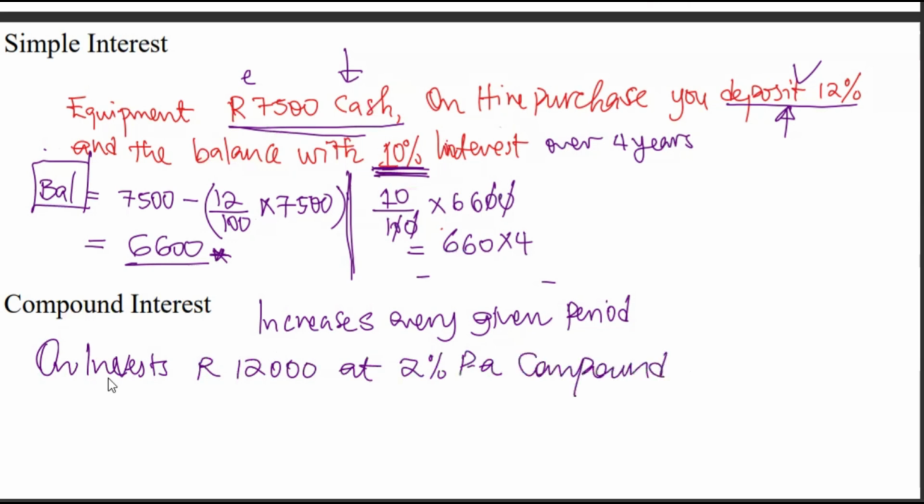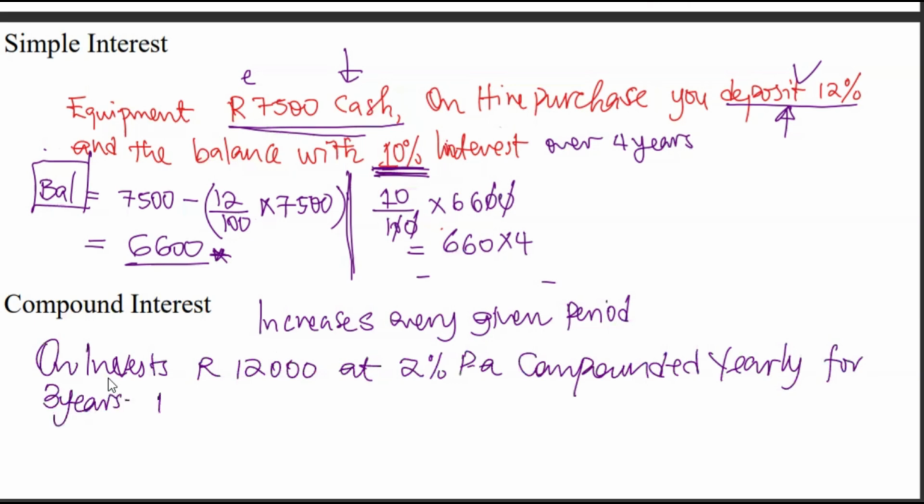Actually, they usually say compounded annually, or compounded yearly, for 3 years.